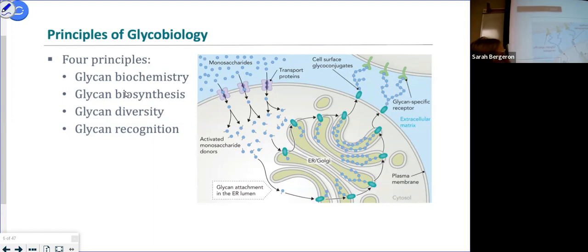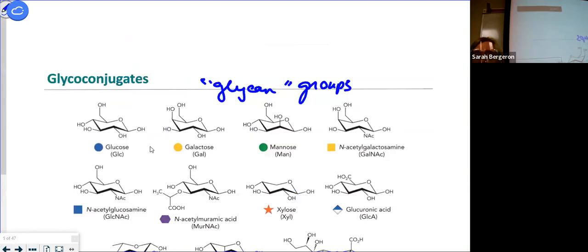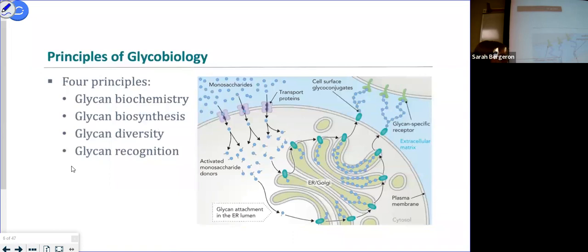When we make the glycans, there are enzymes that facilitate those reactions, but there are so many different enzymes that each enzyme is insanely specific. If I want to add a glucose directly to a protein, there's a particular enzyme that's going to do that. Rather than adding a glucose to a galactose, I would need a different enzyme. So the enzymes and their activities are very, very specific.